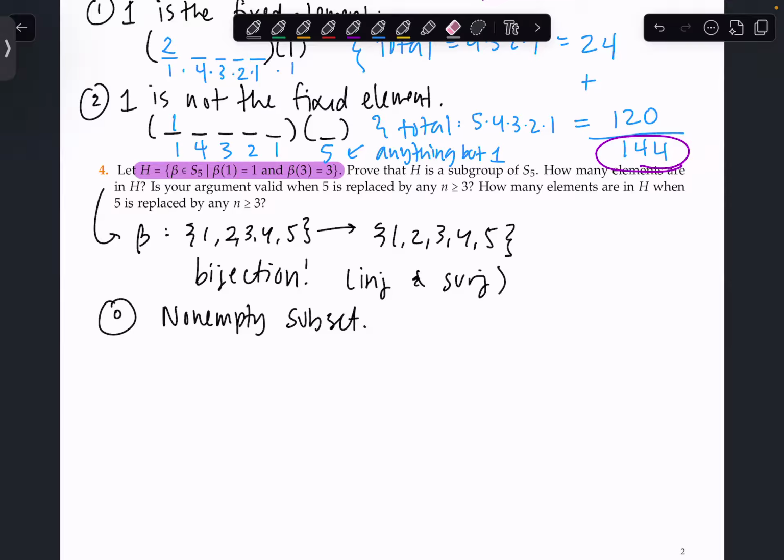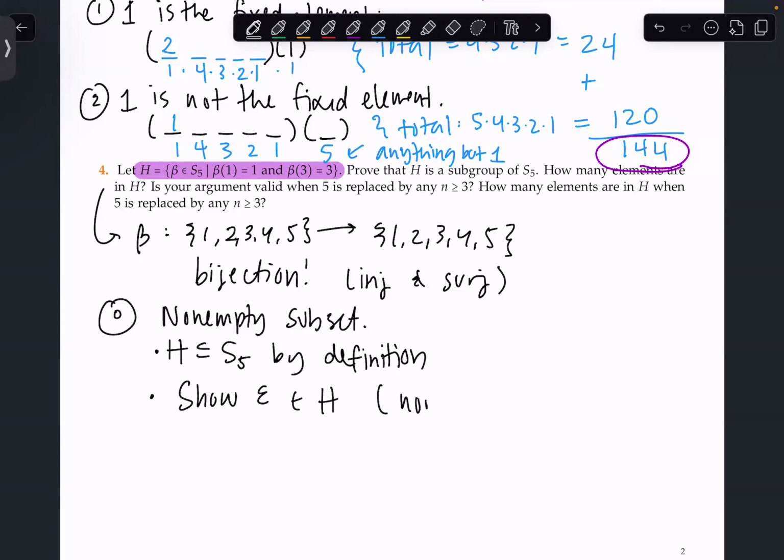So immediately I know it is a subset of H, of S5. And then what's our common way to show that it's non-empty? Show the identity, and in these permutations, I use my curly E for my identity. You can use little e if you want. We want to show that this is inside of H to show that this is non-empty.